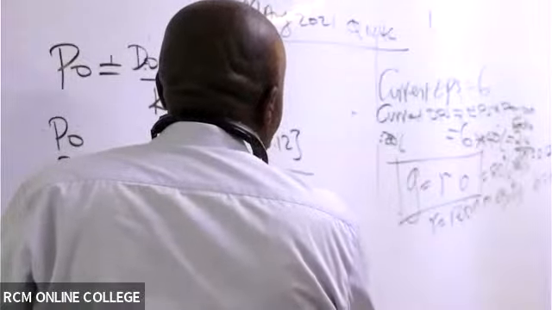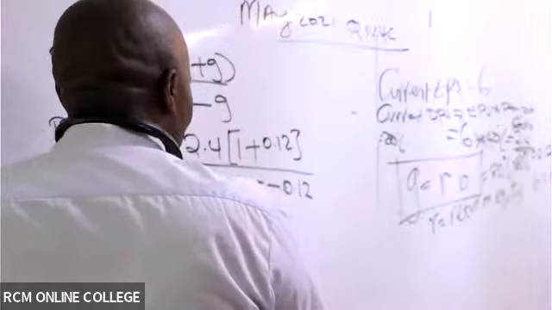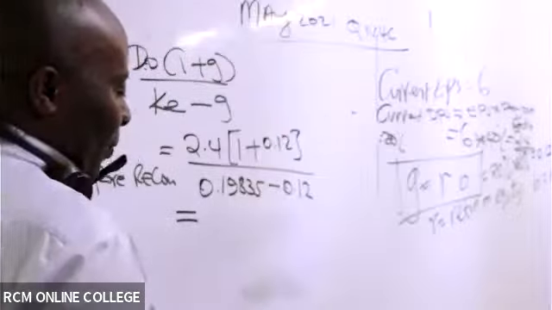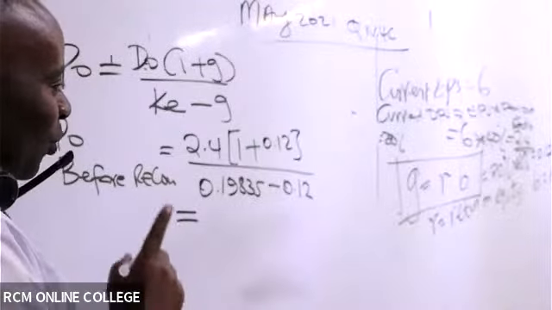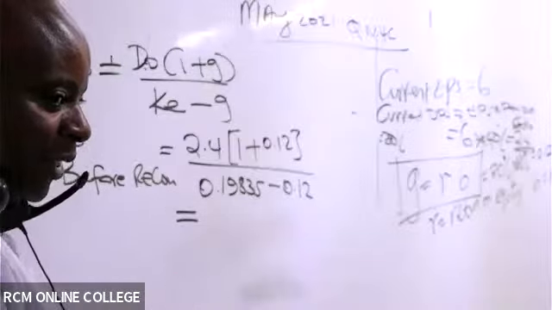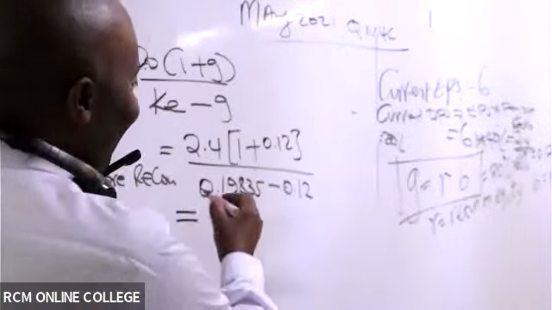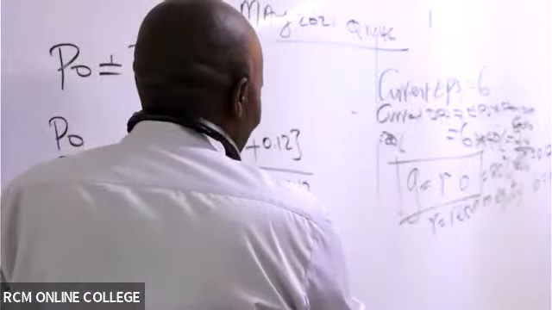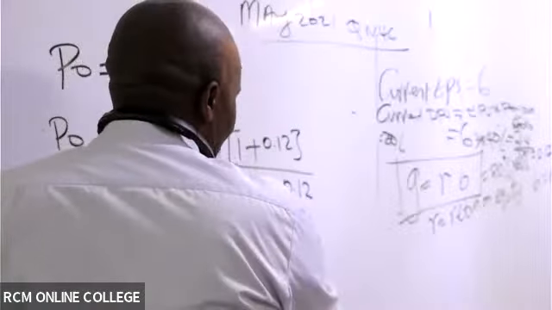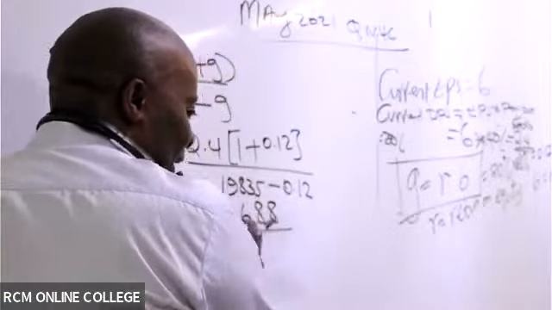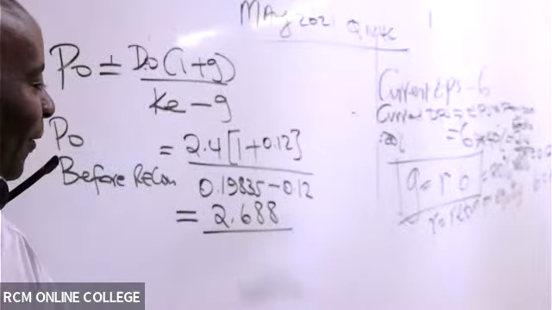835 minus 0.12. So please give me the numerator. 2.4 times 1.12, I want to write the numerator. 2.688. All over the denominator now. You take this minus this.